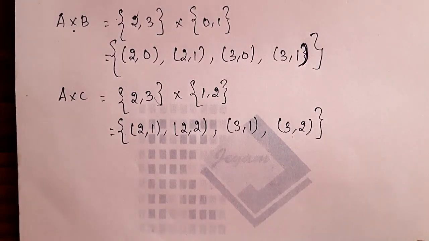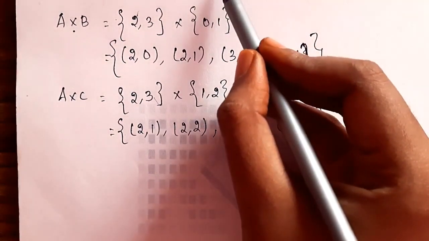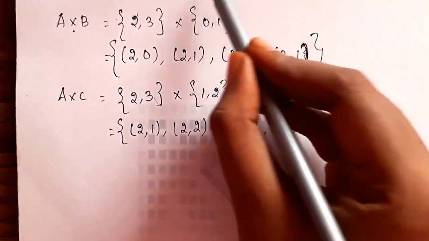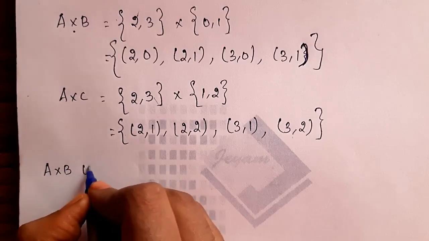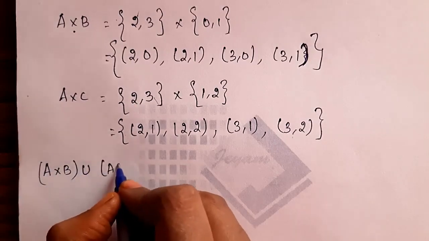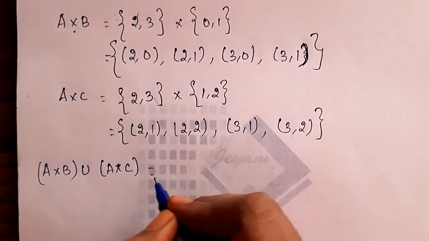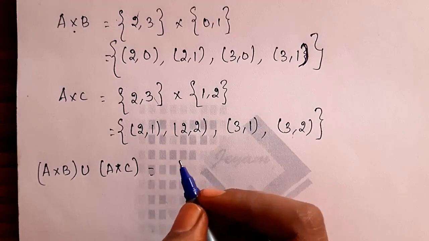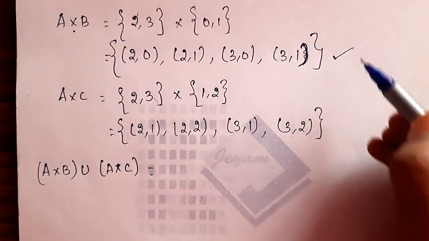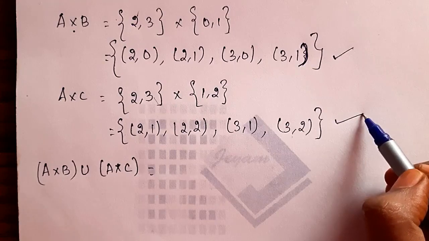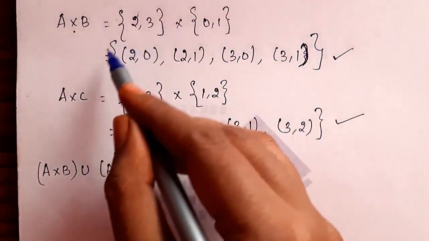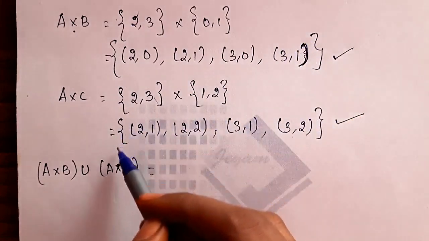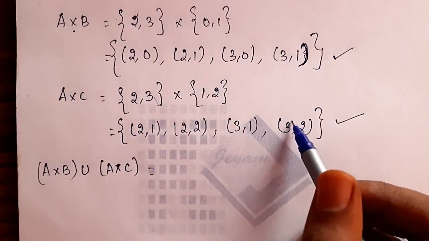Next, what we have to find out? We have to find out the union of both. So I can write (A cross B) union (A cross C), that is equal to the union of this and this. So union means we have to collect all the elements from this one and all the elements from this one.